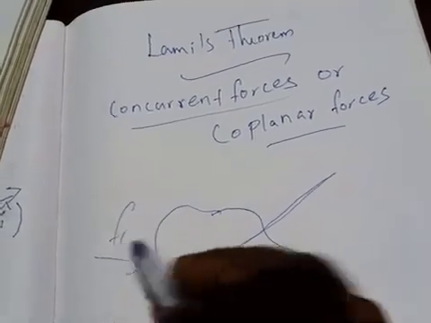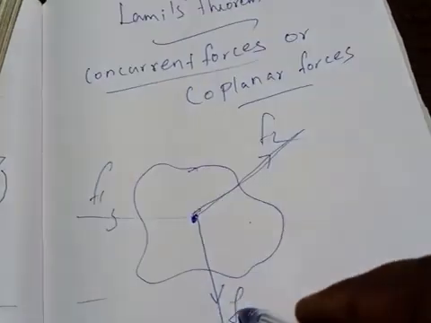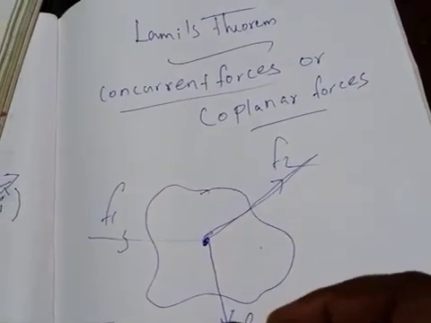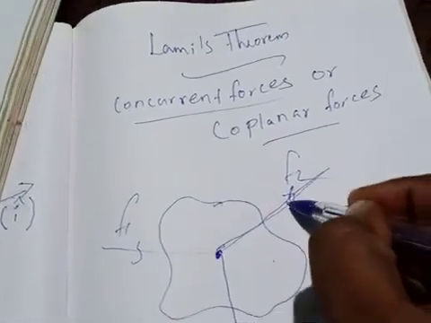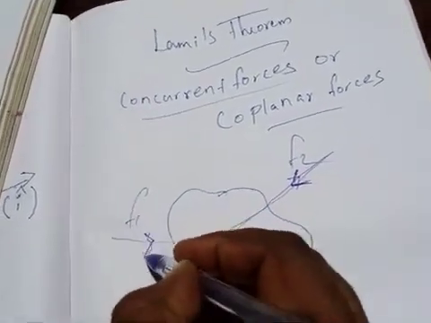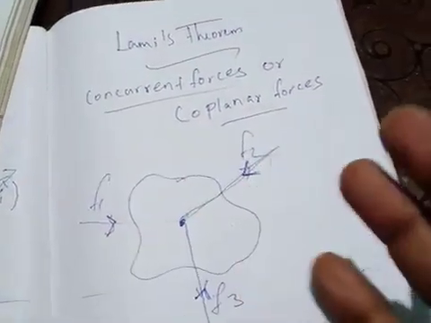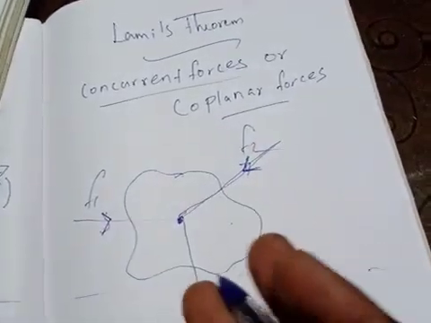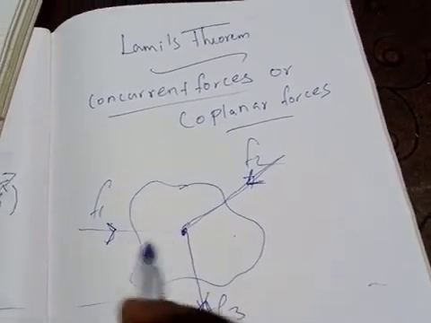So this is F1, this is F2, and this is F3. So arrow mark you can keep it inside. So three different forces from different directions are acting at a common point. So this collection of forces, we can tell it is concurrent.